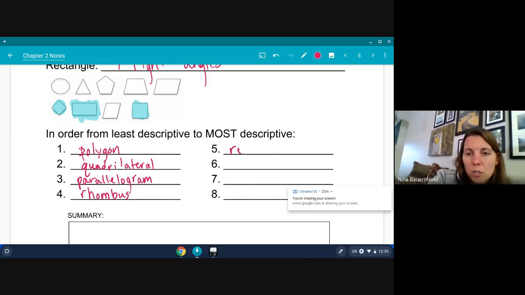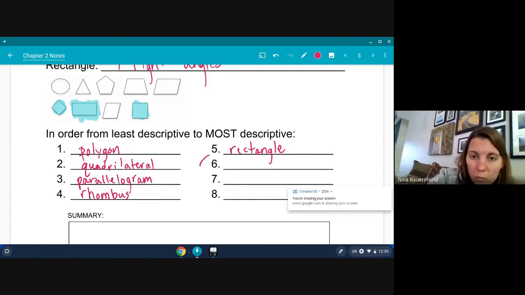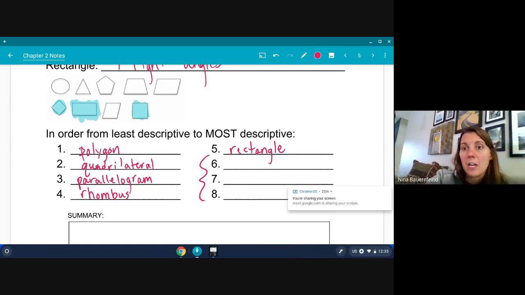And then we get to rectangle. So that kind of breaks it down. And then these three are really specific. Next would be square. Square is really hard to become because you need to be this and you have to be that. Then trapezoid.